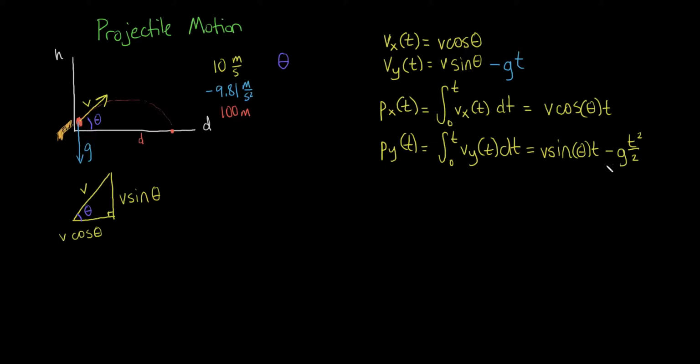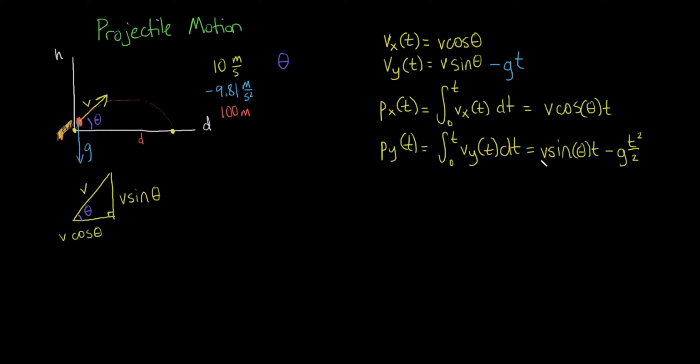We can ask what the root of this quadratic is. Obviously, one root is going to be at 0, 0, where we're beginning our flight. But the other root is going to be at the end when we crash into the ground. We're going to figure out this root, set it equal to d, and then solve for theta. That's the plan.